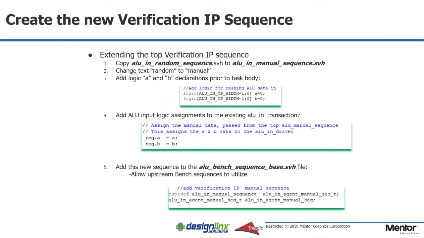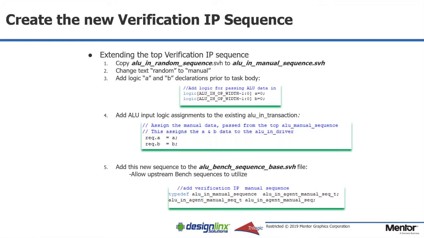One more to go. To get to the driver BFM, you have to get it from the above sequence to the body through an ALU in manual sequence. Copy that random sequence to the manual sequence, do the same changes, same declarations, and create the logic assignments that actually pass the data on to the operands.